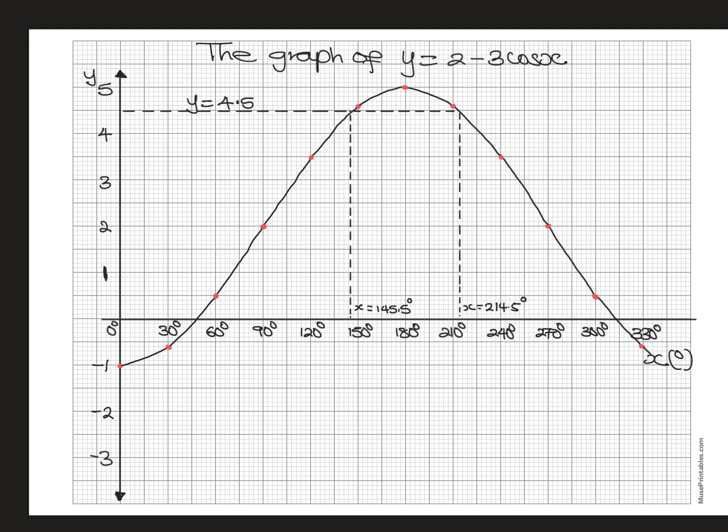Now, this is our graph. We want to know the value of x where y is equal to 2.5. So let's try to indicate the line for which y is equal to 2.5. This is the line where y is equal to 2.5. As you can see, we're going to have two values of x.